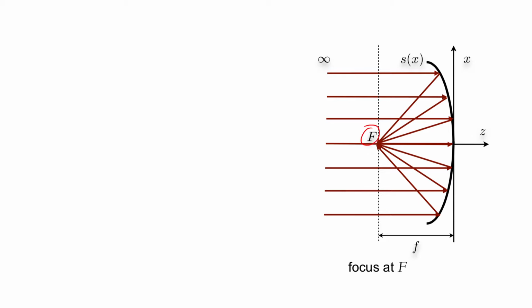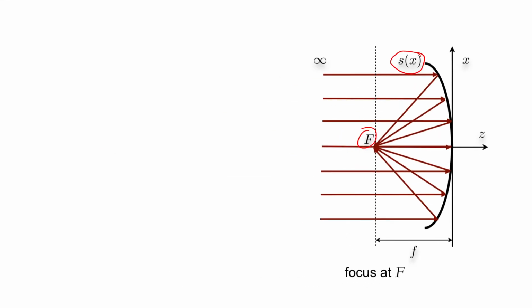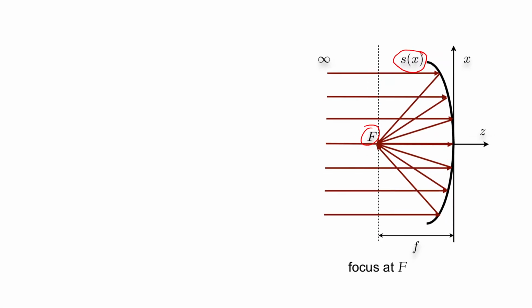We don't know what the shape of this reflector should be, so we are calling this S of x. We would like to determine the shape of a reflector S of x such that it can focus the set of parallel rays to a focal point capital F.